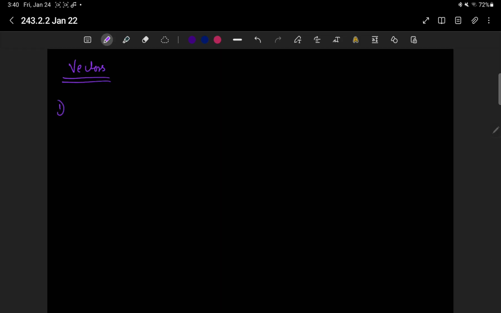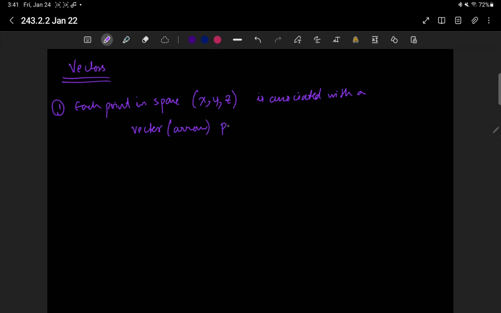The first thing that we talked about in vectors is that each point in space, x comma y comma z, is associated with a vector, which is an arrow pointing from the origin to this point x, y, z.